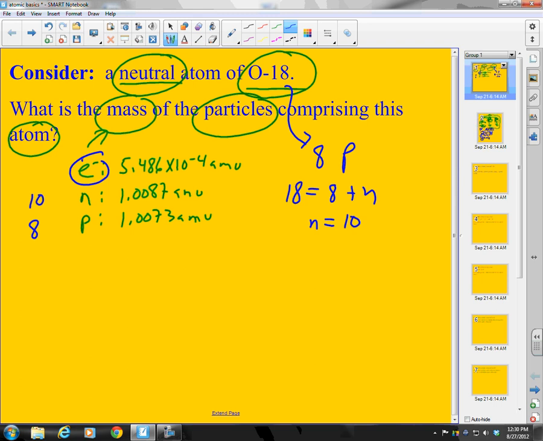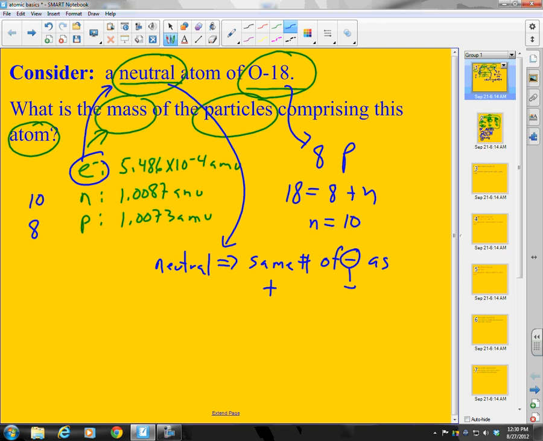Well, the key here is neutral. Neutral means I have the same number of negatives as positives. What is negative in my atom? Well, electrons.